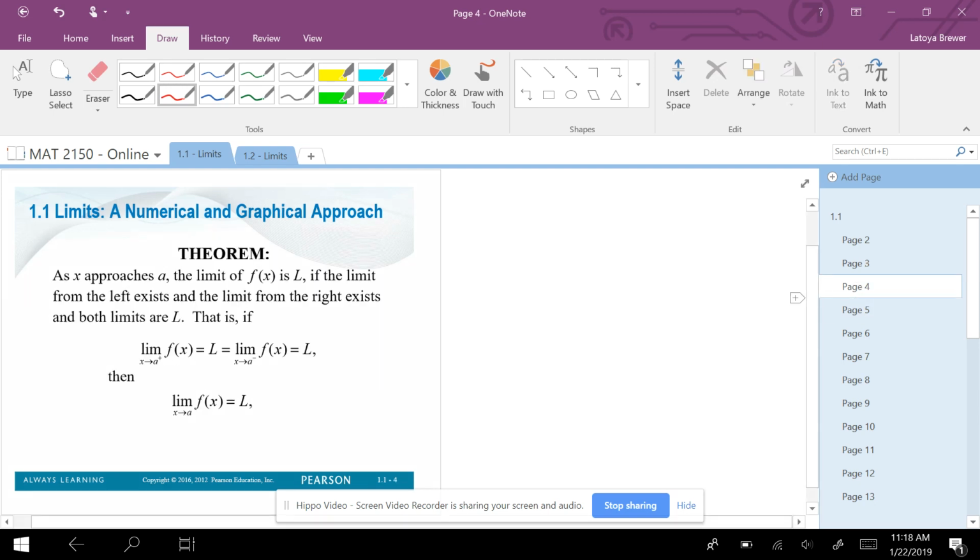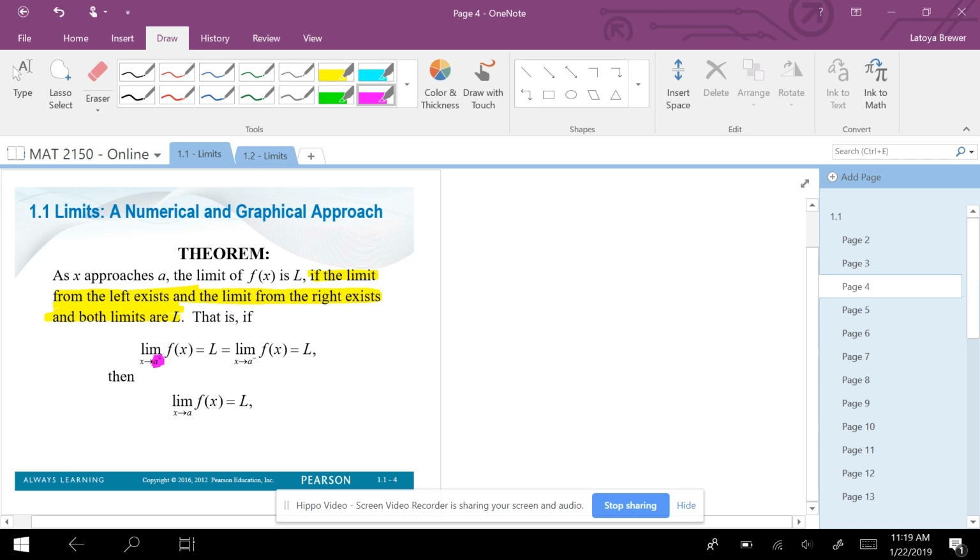So to find the limit, two things must be true. It says as x approaches a, the limit of f of x is L if the limit from the left, and I'm going to highlight this, if the limit from the left exists and the limit from the right exists, and both of the limits are L. So what this is saying is that I need to find the limit as I approach my value from the right.